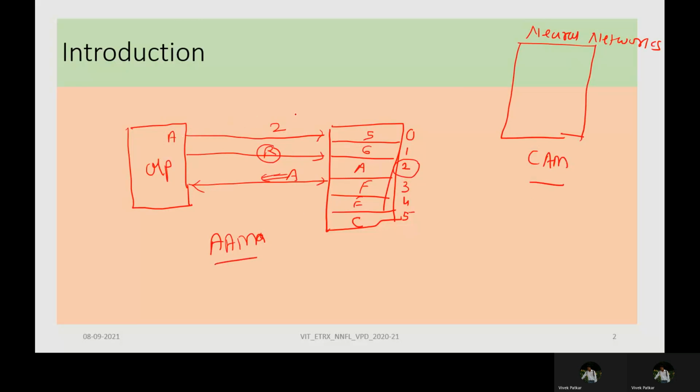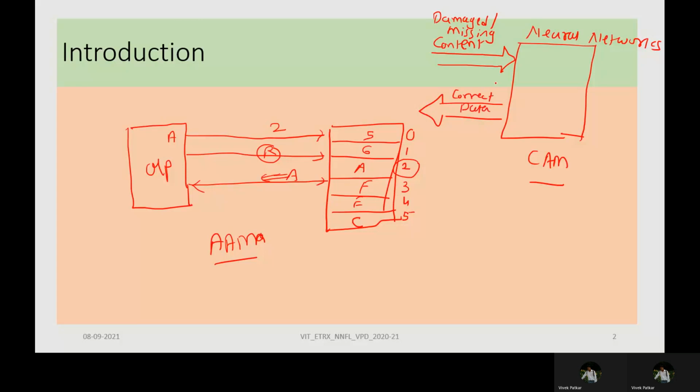In content addressable memory, we don't give addresses, we give the content to the memory. This content may have damaged or missing data. It may not be exactly in the stored form. And in return, my memory gives me the correct data.